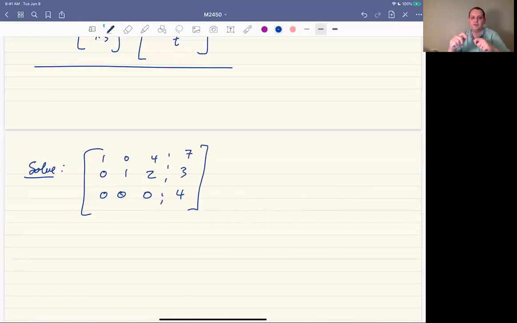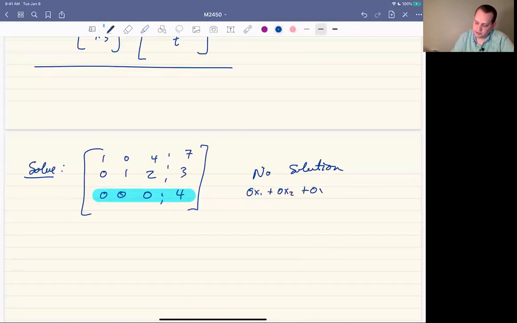When you have a row of zeros in the first part of the matrix, and the constant is non-zero, then you get no solution. Because if we just focus on this last equation, it says 0x1 plus 0x2 plus 0x3 equals 4. So forget about the rest of the problem. There's no solutions to this last equation. Therefore, there's no solution to the system.